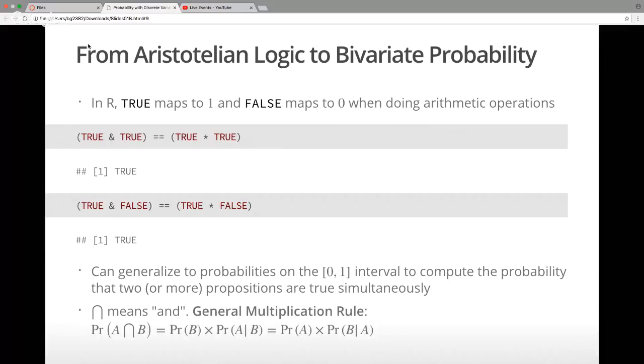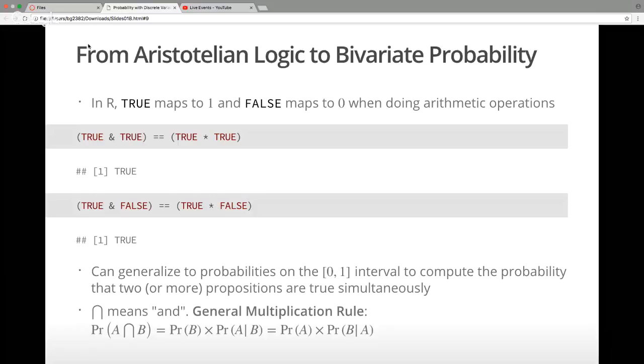So R implements this idea of classical propositional logic. A lot of other languages do this as well, mapping the keyword true to 1 and the keyword false to 0 when doing arithmetic operations on these things.